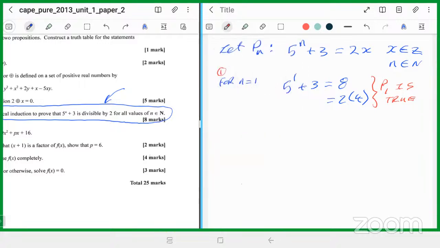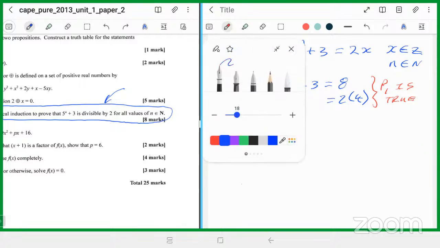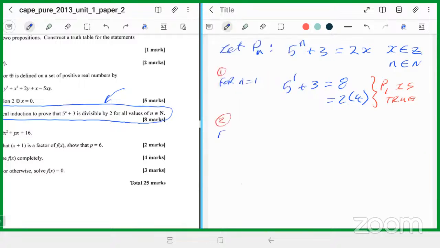That's just a process. Next step is to set up when it is true for n equals k. And since k is an n value, k naturally is an integer because n are integers. All right.